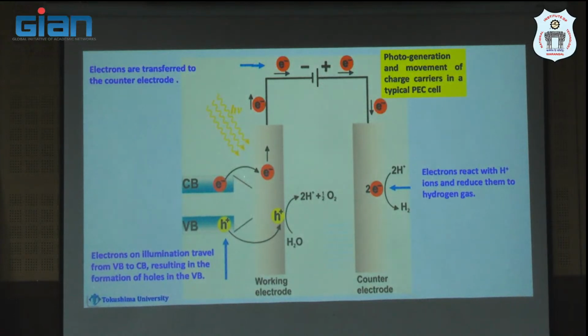But here this light excites this electron, and that's why this technique is called photoelectrochemical. So charge is excited with the help of light, and then it can be transported to the other electrode. The movement of this electron is initiated by the light, and since this process is initiated by the light, we call it photoelectrochemical.